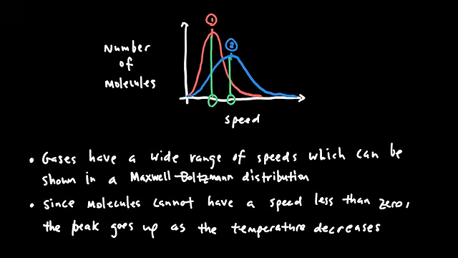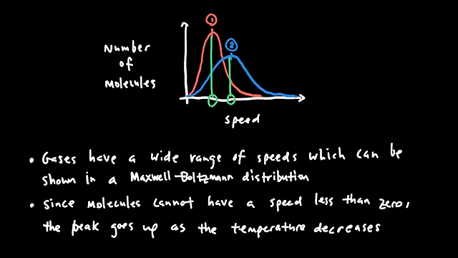I said before that gases have a wide range of speeds, but we still say that gases are at a particular temperature. Most of the particles have a speed given where those green lines are, but some of them are faster, some of them are slower. We call this distribution a Maxwell-Boltzmann distribution, which shows that range of speeds.